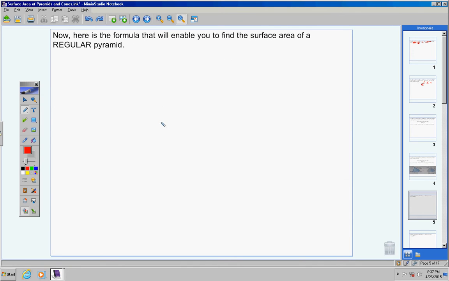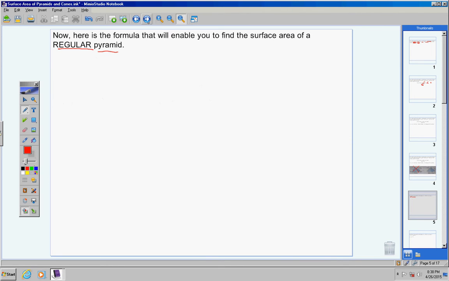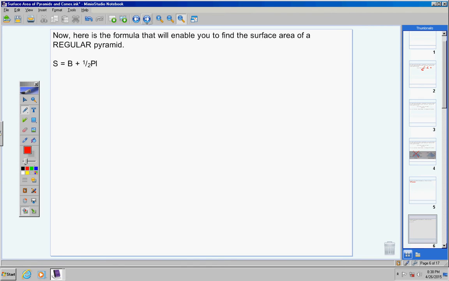Now, here's the formula that will enable you to find the surface area of not just a pyramid, but a regular pyramid. Remember, this is not a regular pyramid. So this formula enables you to find the surface area of a regular pyramid. Go ahead and copy this in your notes.